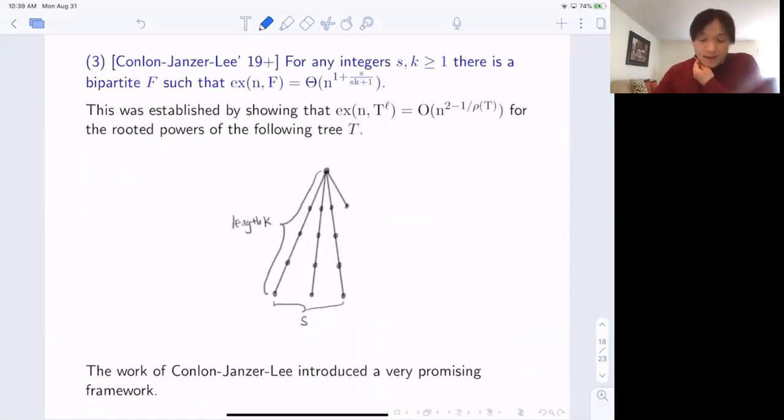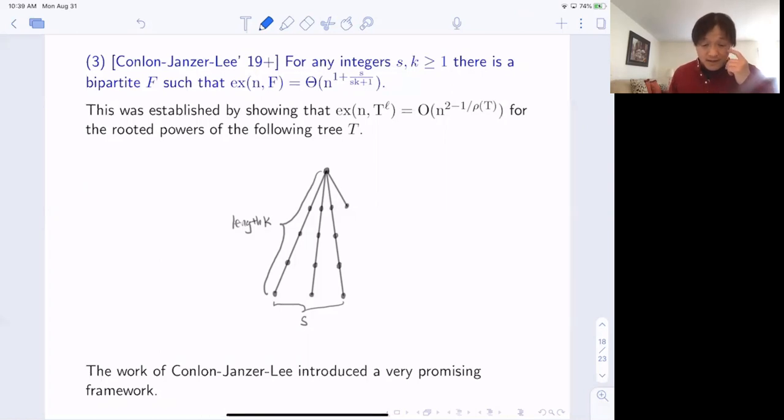Soon after that, Conlon, Fox, and Li find more exponents. They are able to realize n to the 1 plus s over sk plus 1 for all integer pairs s, k at least 1. This also confirms the conjecture of Kang, Kim, and Liu.